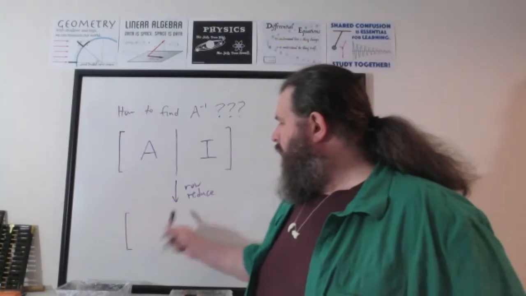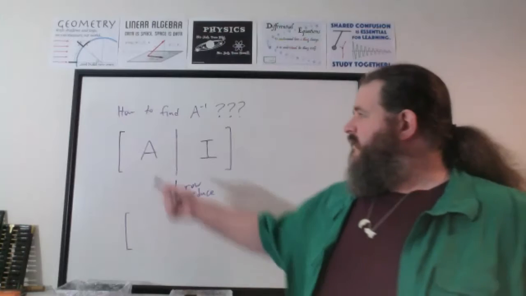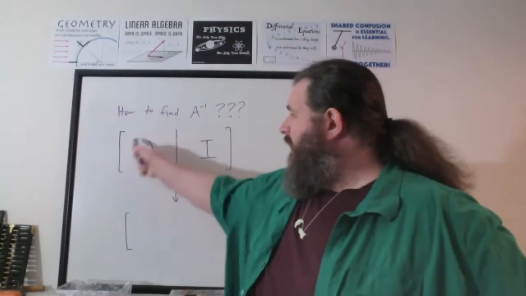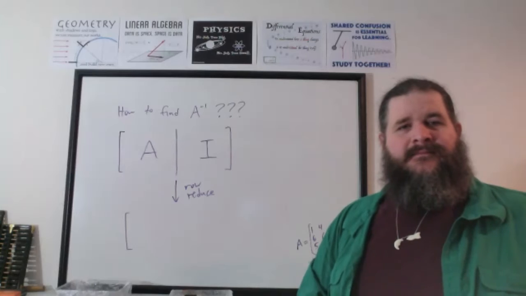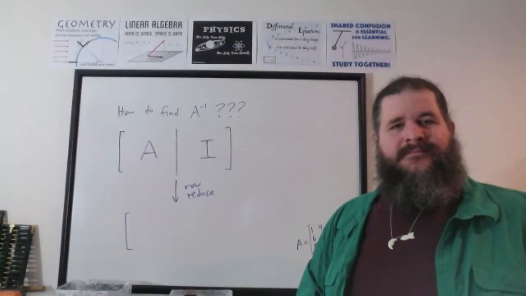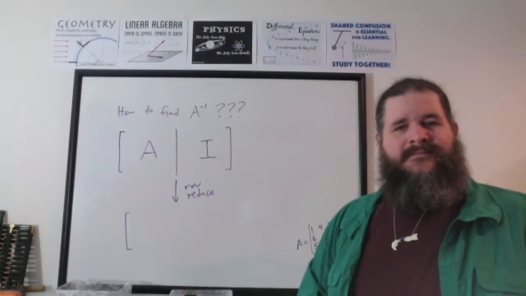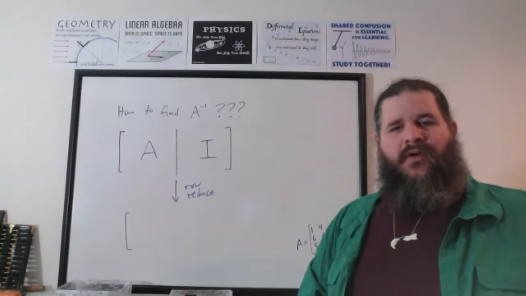Because ideally, in row reduction, we're trying to get this into reduced row echelon form. What's the simplest this square matrix could become if row reduction works perfectly? What's typically our goal in row reduction?